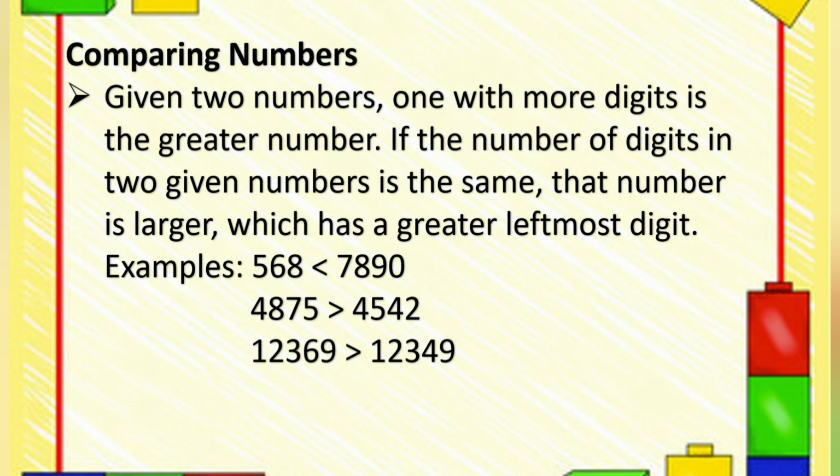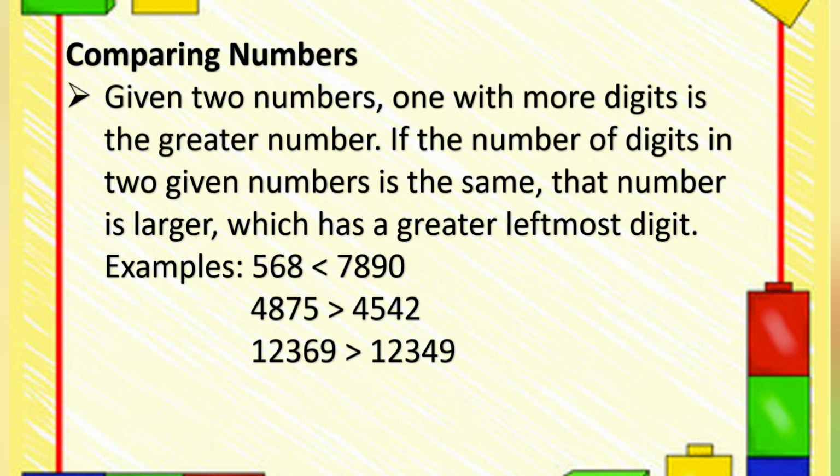Comparing numbers. Given two numbers, one with more digits is the greater number. If the number of digits in two given numbers is the same, that number is larger which has a greater leftmost digit. Children, some examples are given: 568 and 7890.